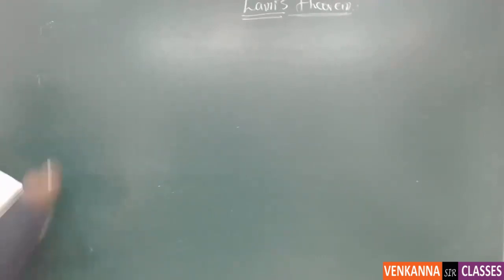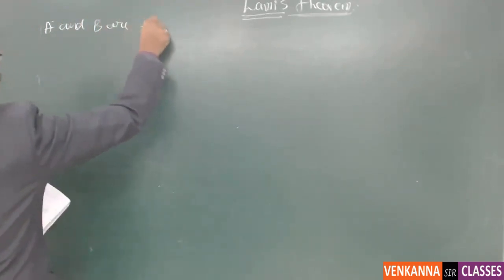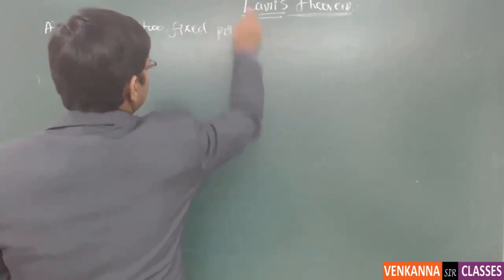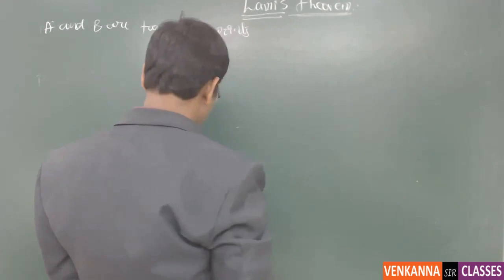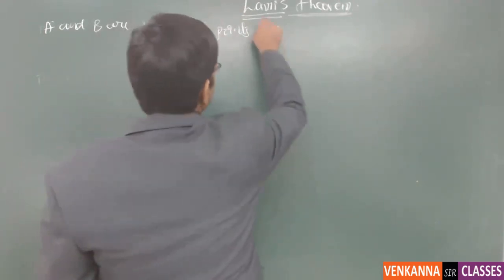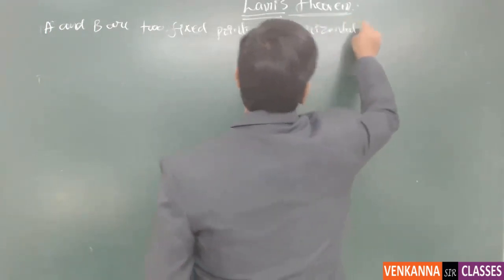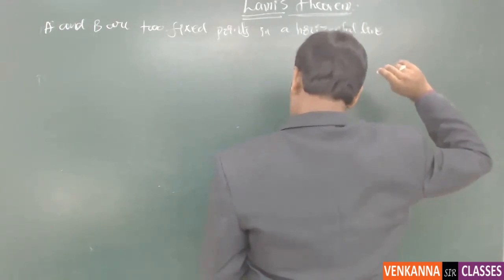Note down this problem. A and B are two fixed points in a horizontal line at a distance c apart.